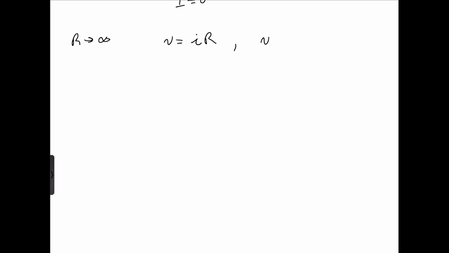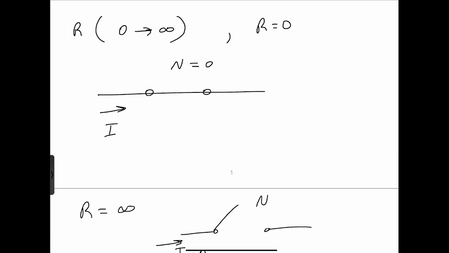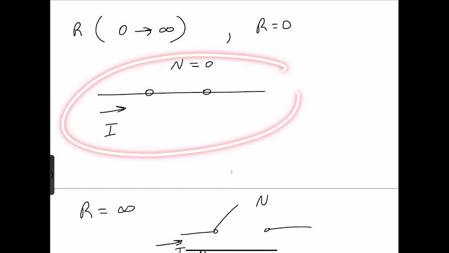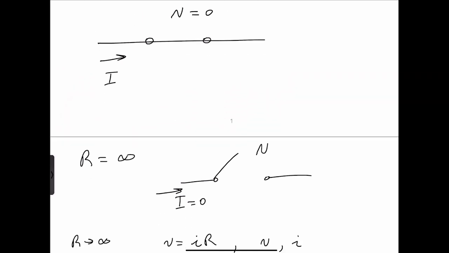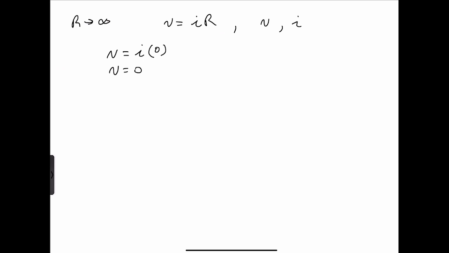We can look at voltage and we can look at current I. So if resistance is equal to 0, we multiply by 0, and therefore the voltage is equal to 0. And if the voltage is equal to 0, that constitutes a conductor. Current flows, but the voltage is equal to 0.